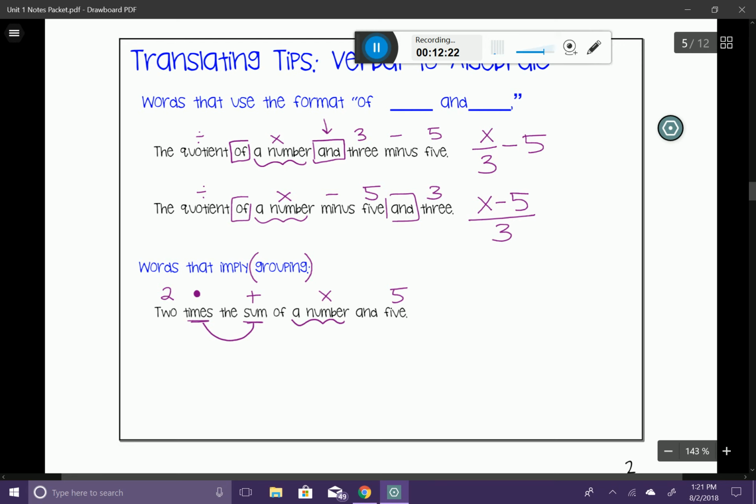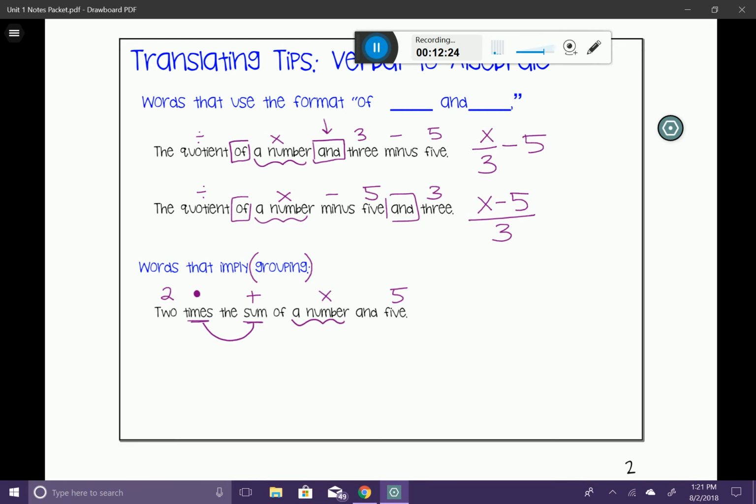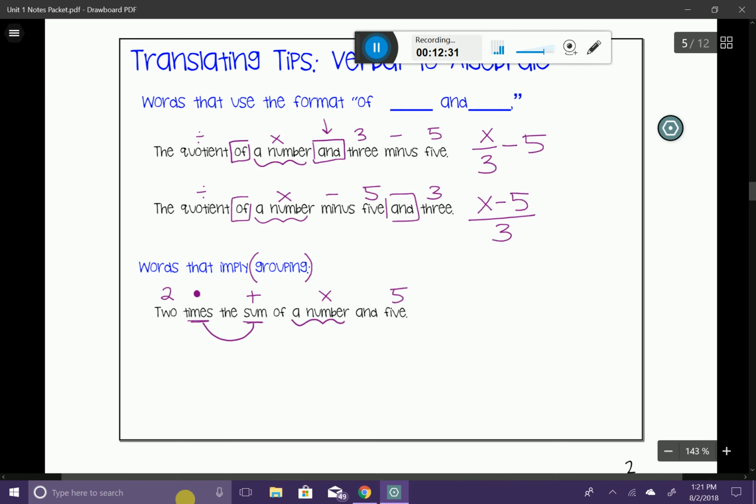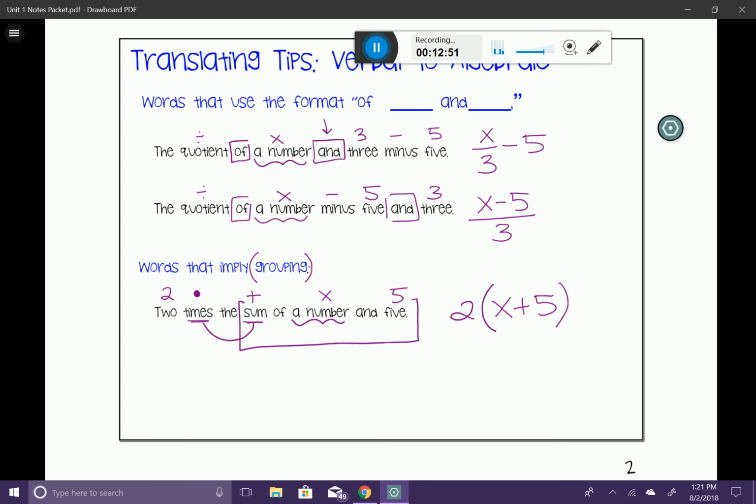That can often indicate some type of grouping. It's saying 2 times, well, 2 times what? It's going to be whatever is in this grouping. So 2 is going to be multiplied by the sum of a number and 5, which we translate to x plus 5. That helps you identify grouping symbols, just by noticing those 2 operations side by side.